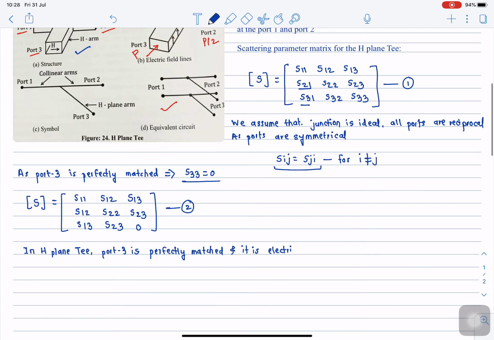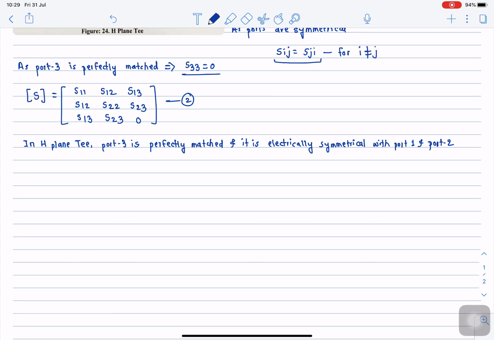So we are going to make use of this particular property now. Port number 3 is electrically symmetrical with respect to port number 1 and port number 2. Thus, how can we write then? Because of this, S11 is equal to S22. Okay, and similarly, S13 we can write as S23.